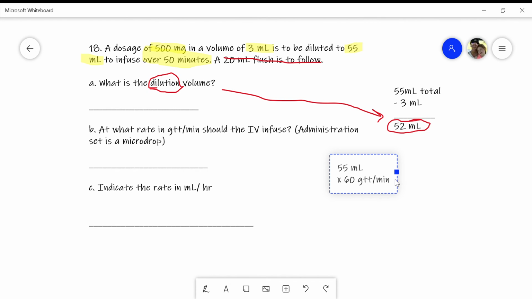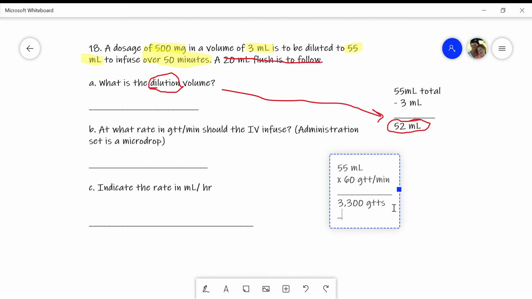So 60 drops in 1 minute, a drop a second. And so once we multiply that, that's going to give us 3,300 GTTs in an hour, basically. Or just 3,300 GTTs total for that milliliters.